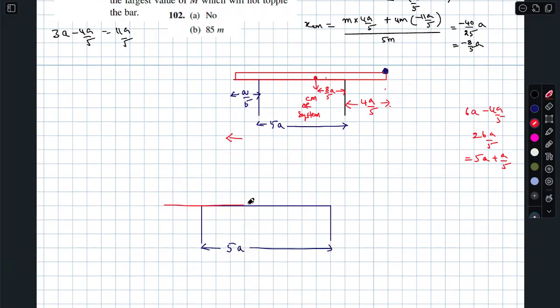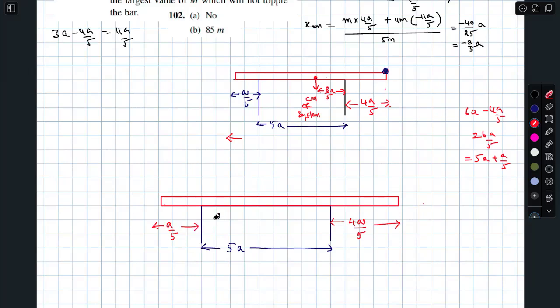Now, to my understanding, that's 4A by 5.